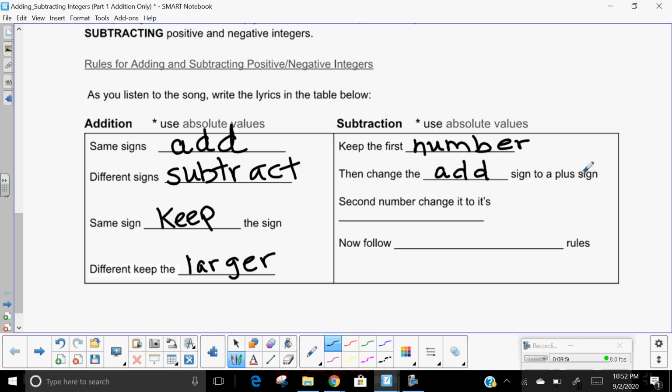Whoops, I'm sorry, I need to change that. It's change the minus sign to a plus sign. Then second number, you change it to its opposite.